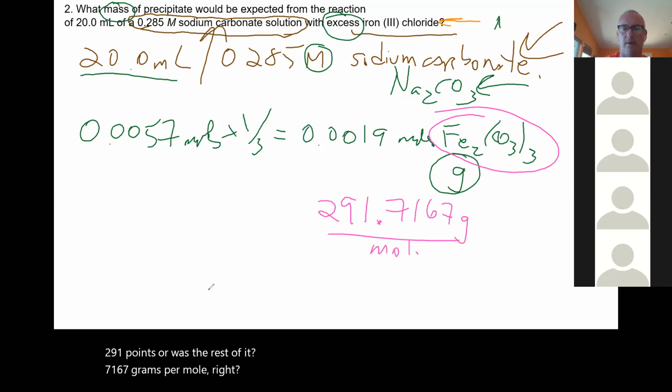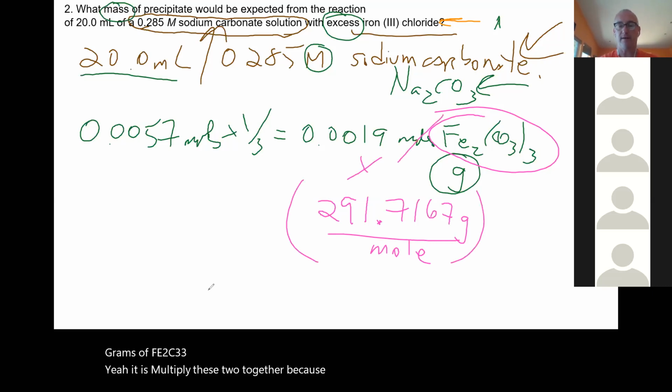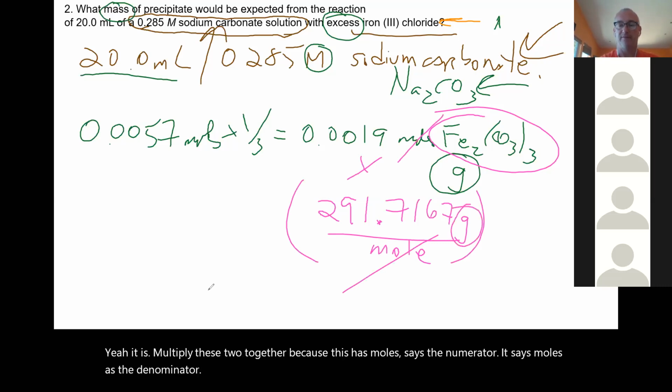So what do we do with that information to give us grams of Fe2(CO3)3? You multiply it by 0.0019. I just multiply these two together because this has moles as a numerator, this has moles as a denominator, and the unit we're left with is grams.